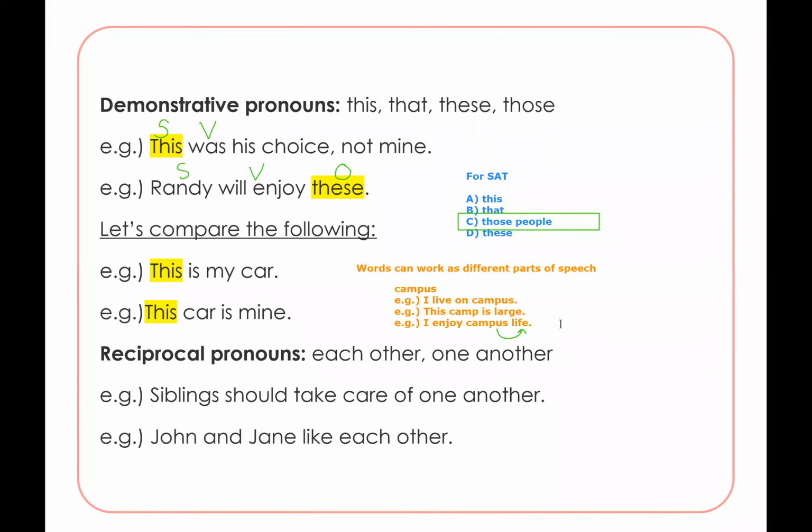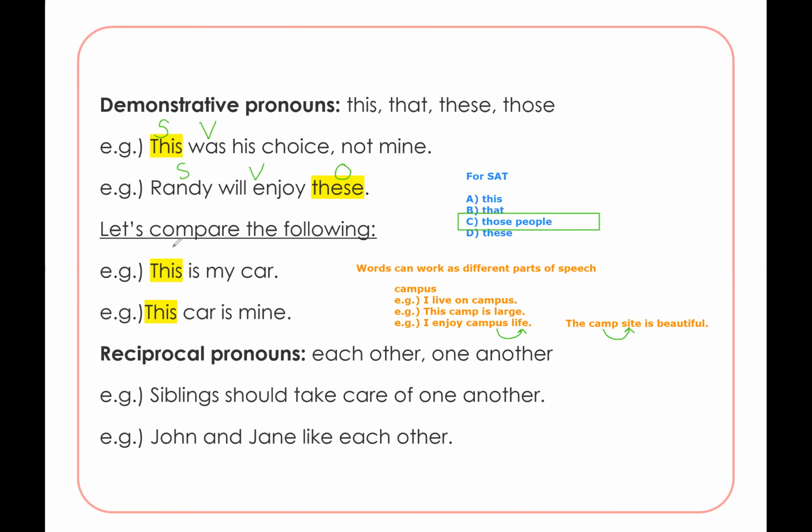So same thing with this. The campsite is beautiful, right? In this sentence, our camp, which is originally the subject, it is now functioning as an adjective, a modifier, modifying noun. So the same goes with a demonstrative pronoun. Sometimes they can function as a demonstrative adjective.